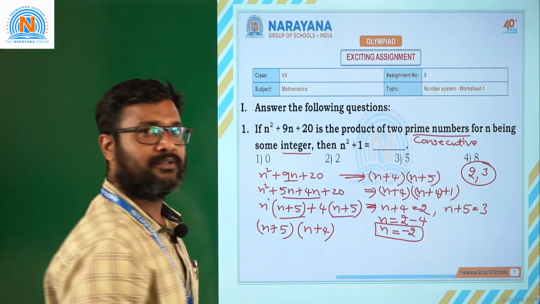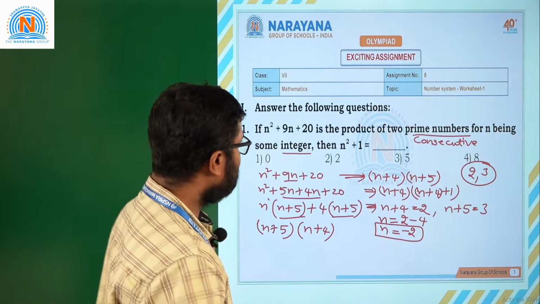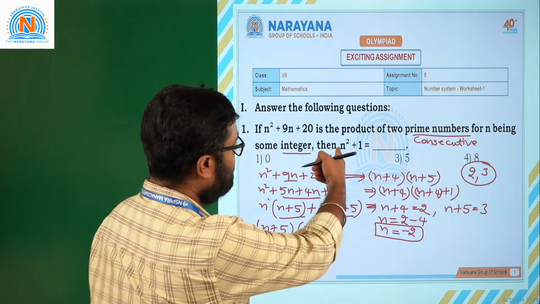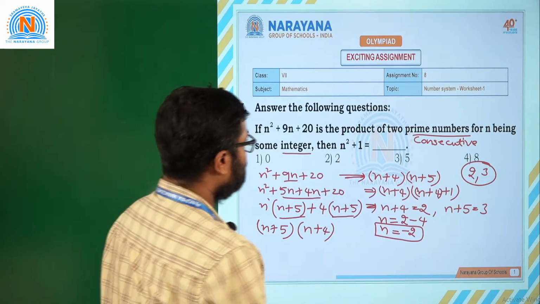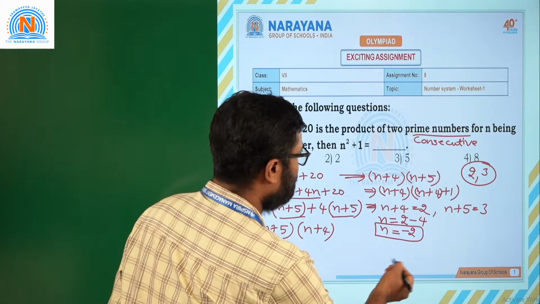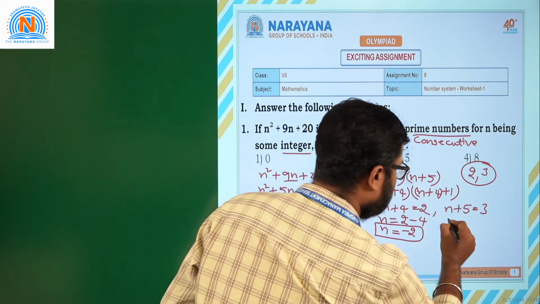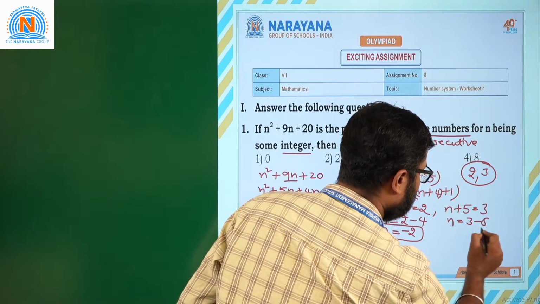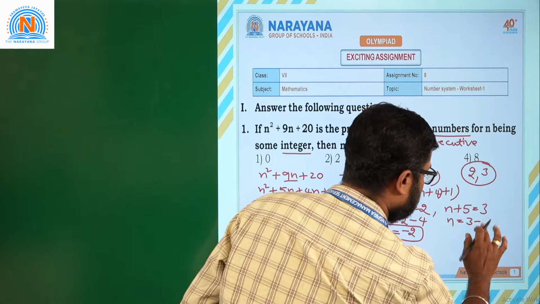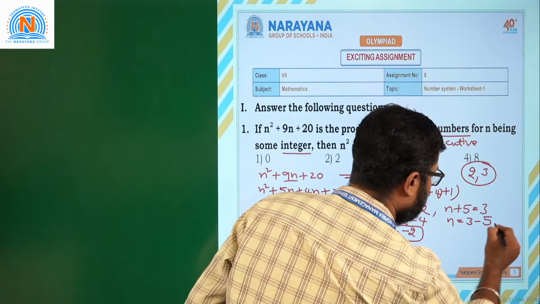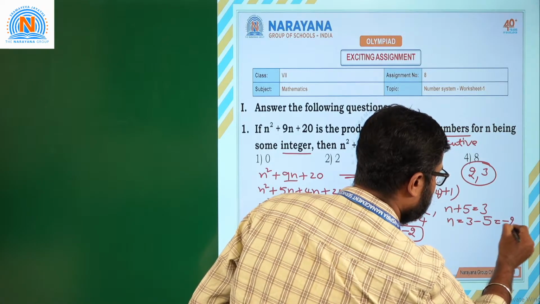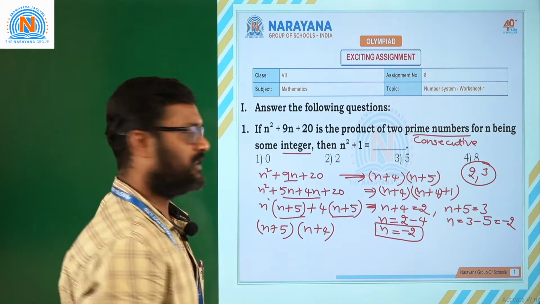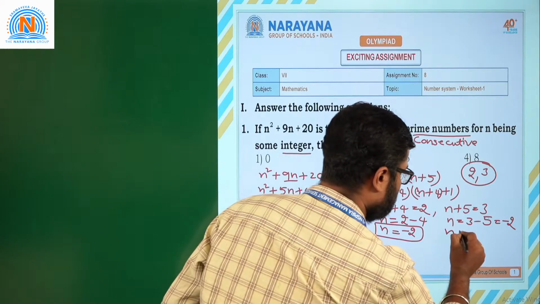If you check here also, 3 minus 5 gives minus 2 only. So we got the n value as minus 2.